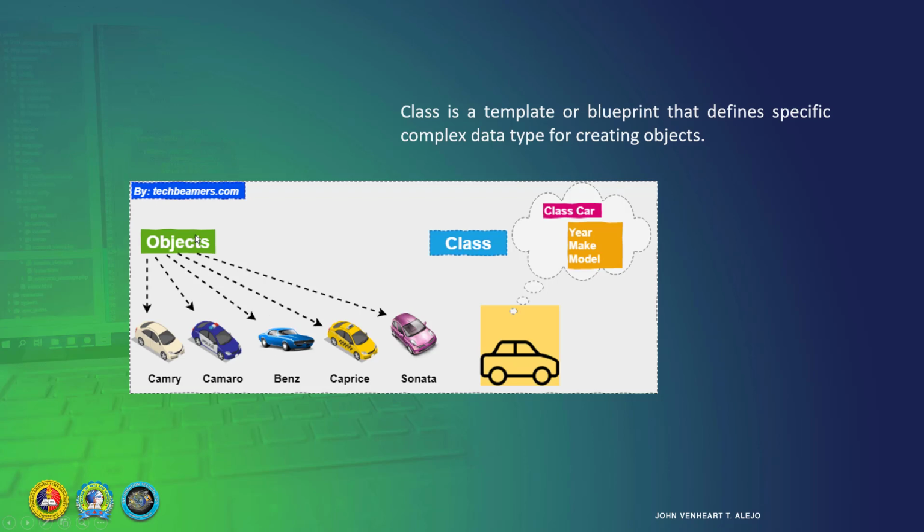You can create a car like Camry, a car like Camaro, a car like Benz, a car like Caprice, and Sonata. Those are brands of cars. So out of a class, you can create one or more objects based on your template.